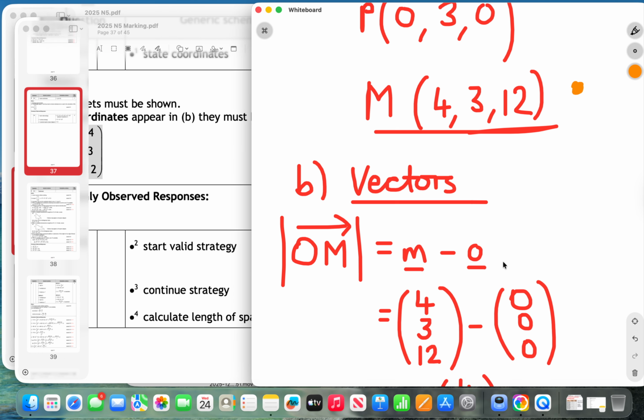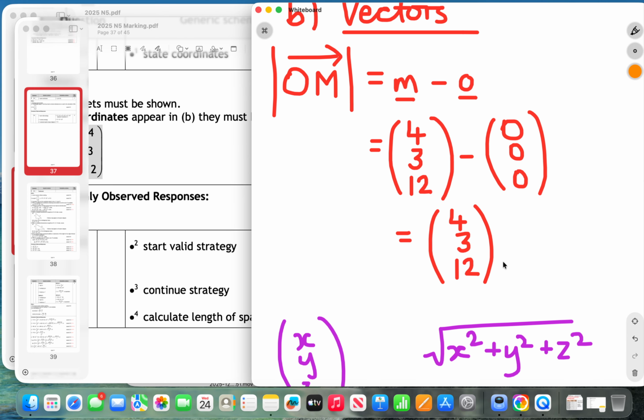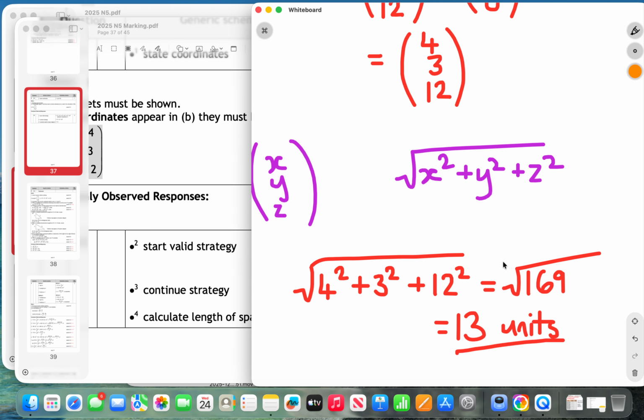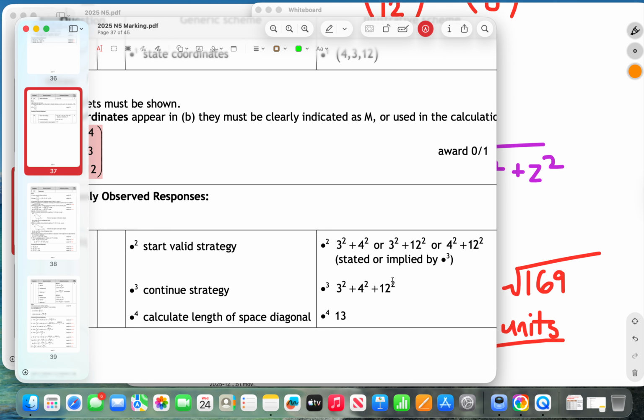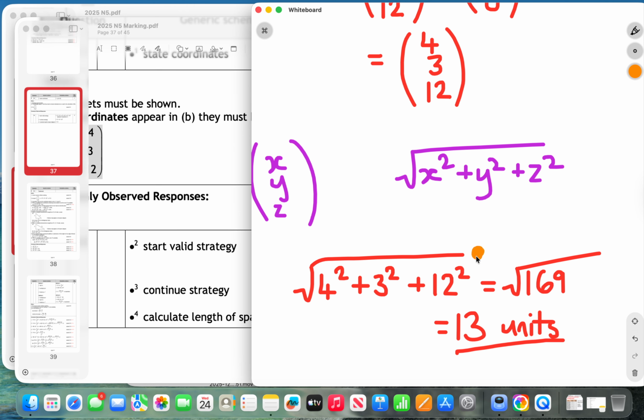And if we have a look at this section B, the first mark would be for starting a valid strategy and continuing it. So this would be 2 marks by this point. It's not very clear where the first mark is given and where the second mark is, but let's just say that once you get to this point, you get 2 marks, and the last mark is for getting 13.